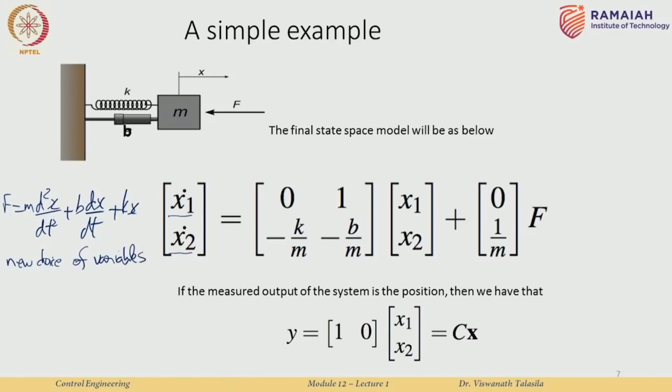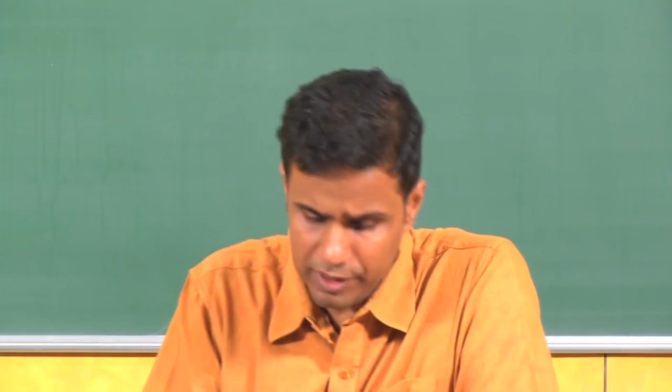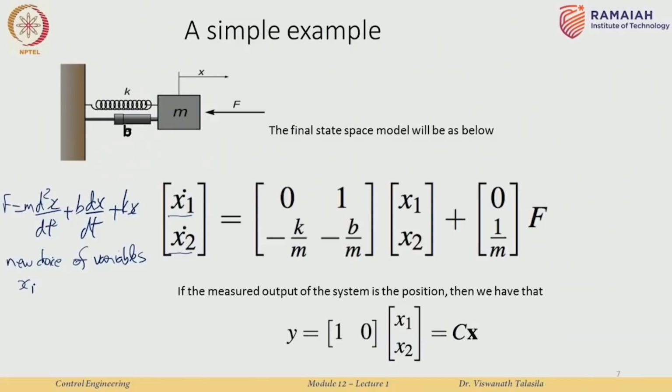Remember what I said, that because we have a second order differential equation, the number of states will be equal to 2. So, let us introduce 2 new variables. We will just call them x1 and x2, you can call them whichever you like, and specifically I am going to assign x1 equal to x, which is the basic displacement, and x2 to be the derivative of the displacement, which is nothing but the velocity.